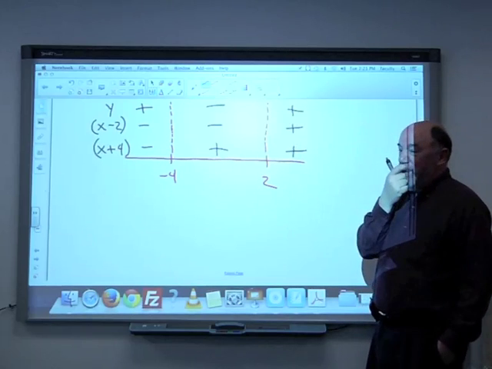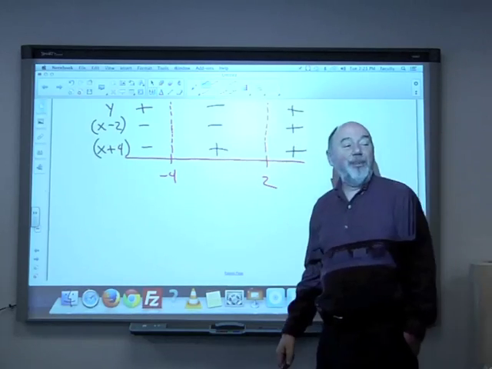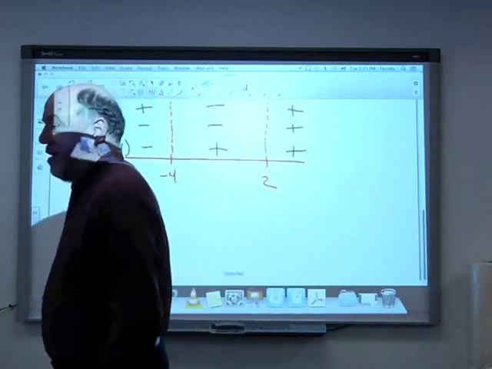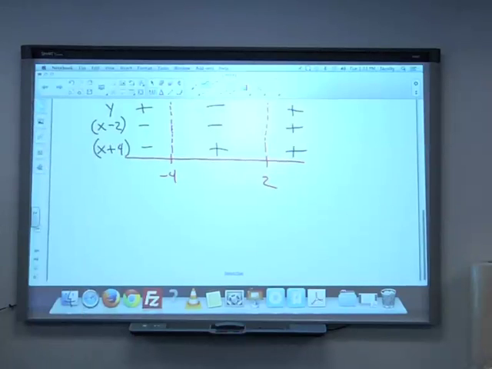So what I know is that as I come in from negative infinity, right, up to -4, my graph is increasing. Okay. It has a positive slope. Okay?